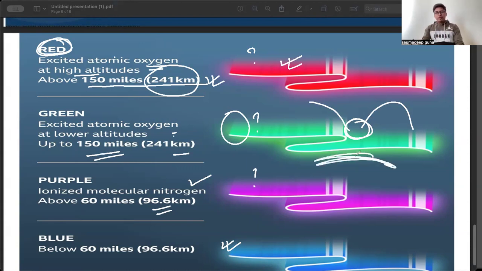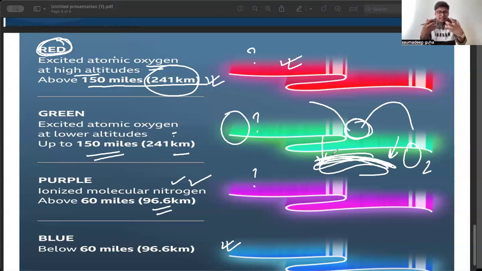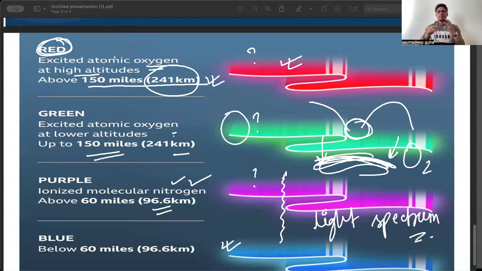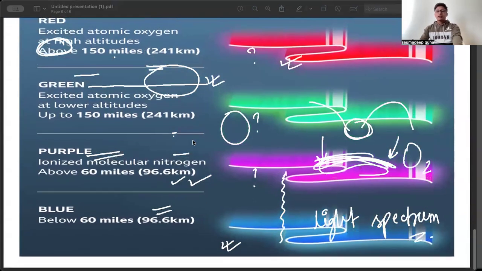Due to the presence of atmospheric gases, specifically oxygen, and other gases also like nitrogen, these charged particles react with those gases and excite them, and the excited energy state is released as light spectrum. That's why the beautiful phenomena of aurora is there. That is the reason behind it.